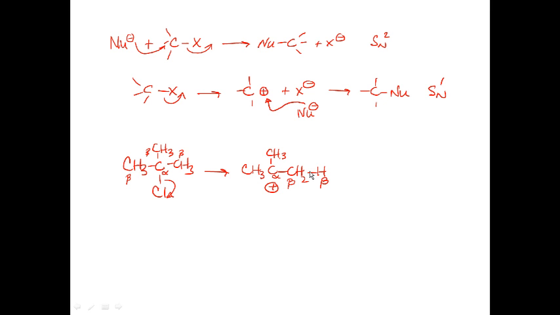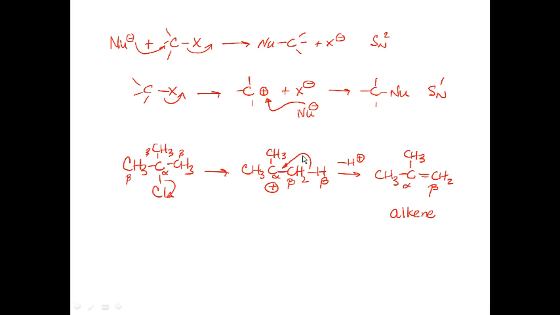And so what could happen is we could break this carbon-hydrogen bond, move the pair of electrons to that carbon. So therefore we would lose H+ from this molecule, and we would form a double bond then between that alpha carbon and one of the beta carbons. So we can form an alkene molecule.